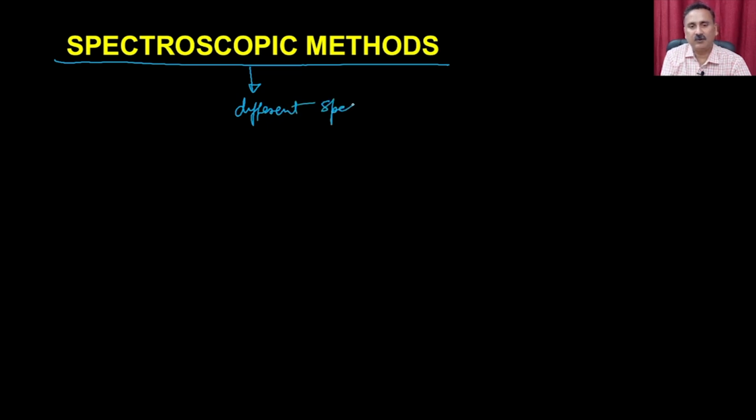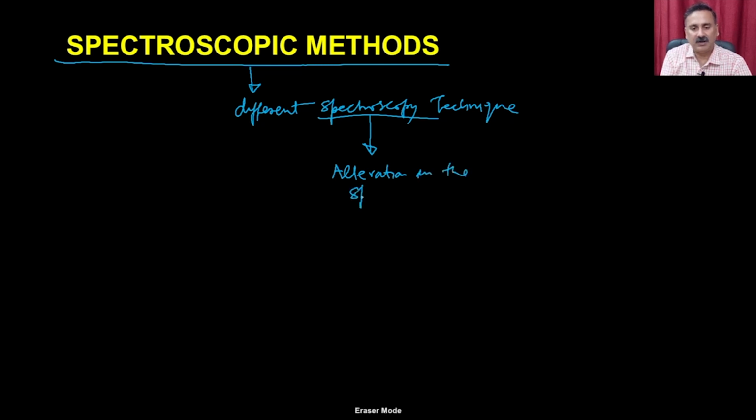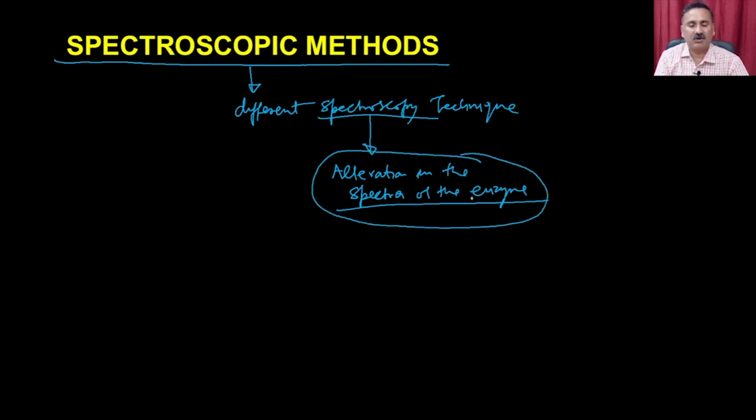As the name suggests, spectroscopy means you are going to see alteration in the spectra of the enzyme or substrate. And the alteration in the spectra of an enzyme can be possible in many ways.